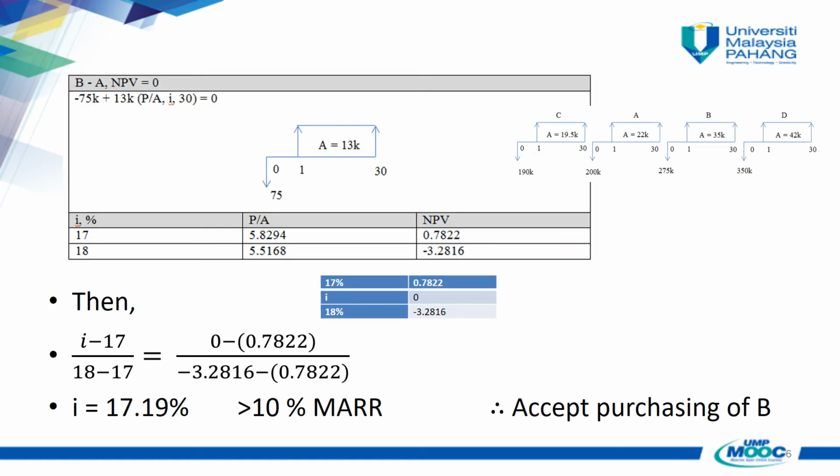Okay, let's continue. We reject the C option and then we accept the A option. C already rejected, A will be accepted. Now we see another option at B there.